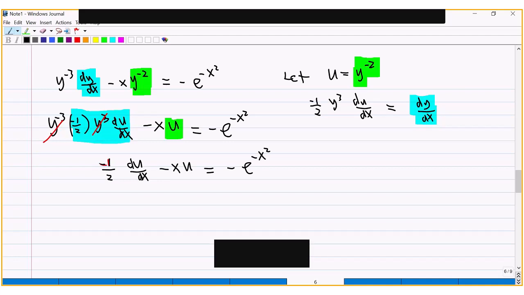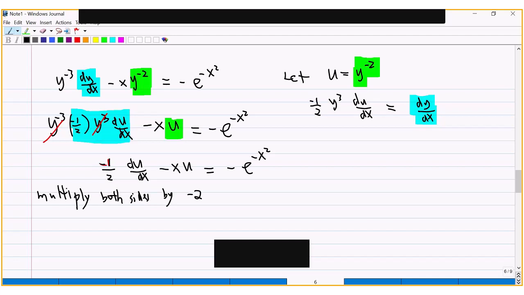Now I multiply both sides by minus 2, so that the number in front of du dx is 1.